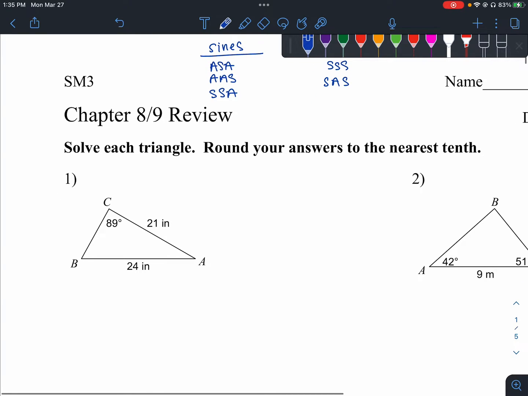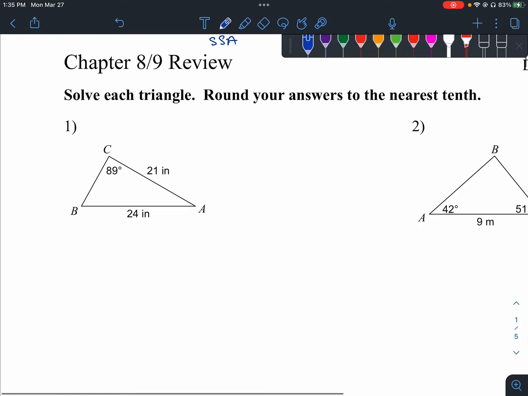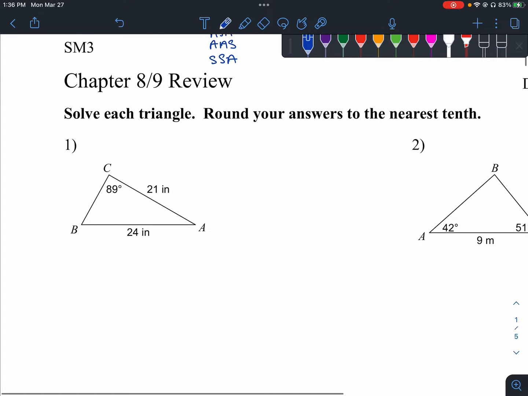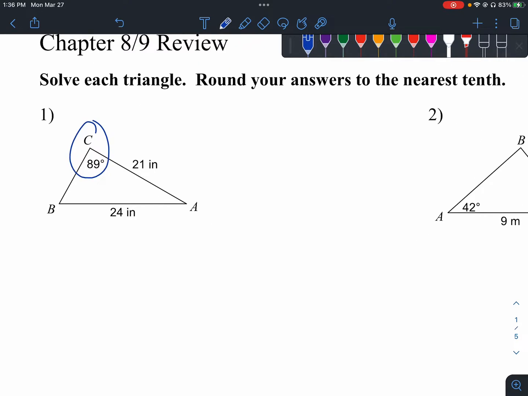So for number one, we're given an angle, side, and a side in that order, or a side, side, angle. So in that case, we're going to want to use the law of sines. We're given angle C and side C, so we're probably going to want to start with that.